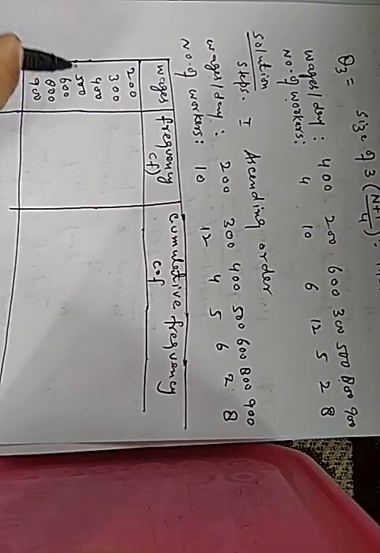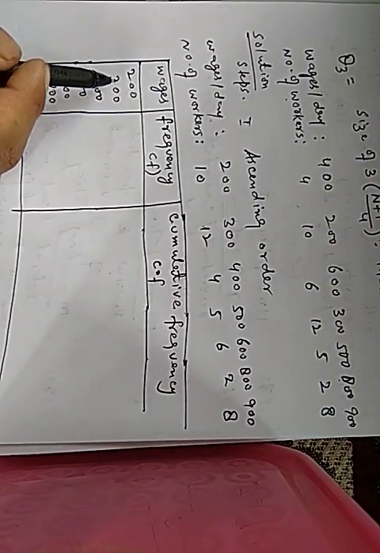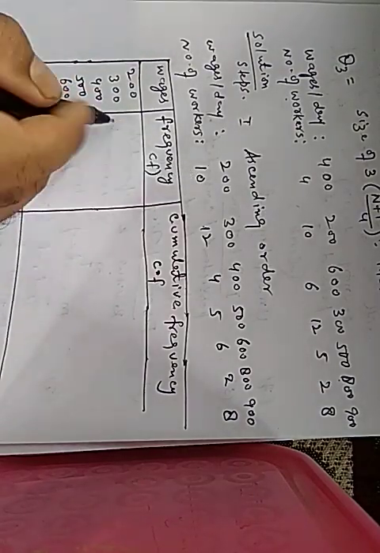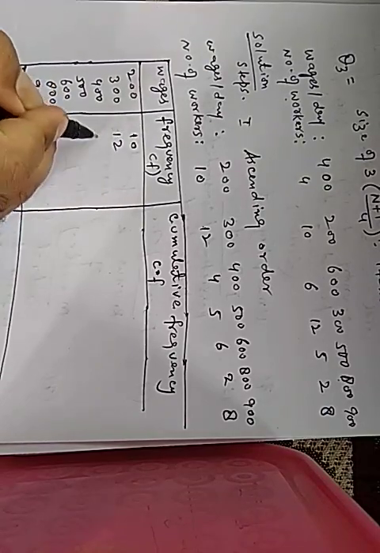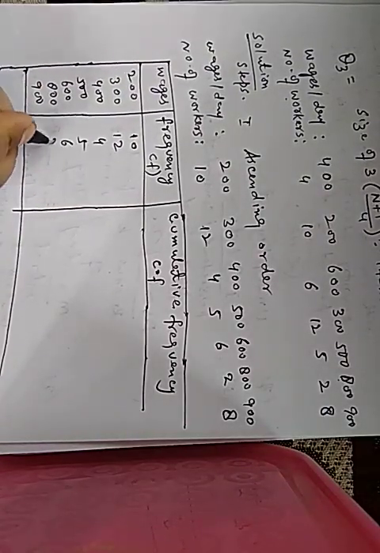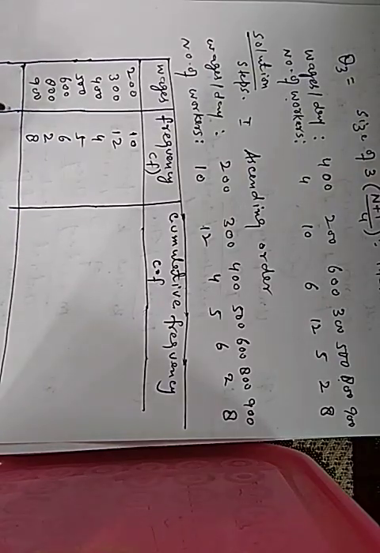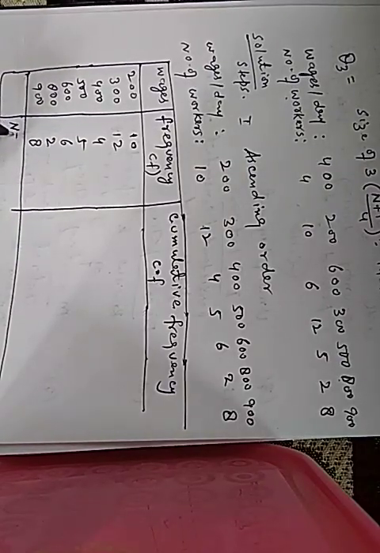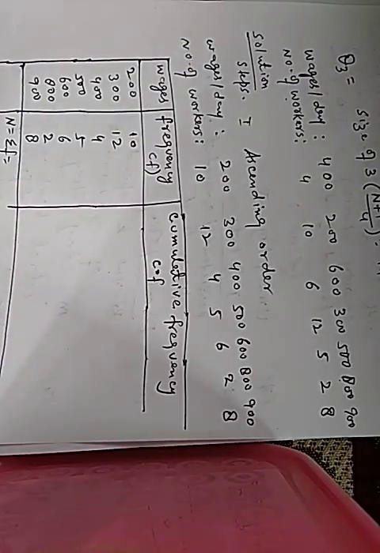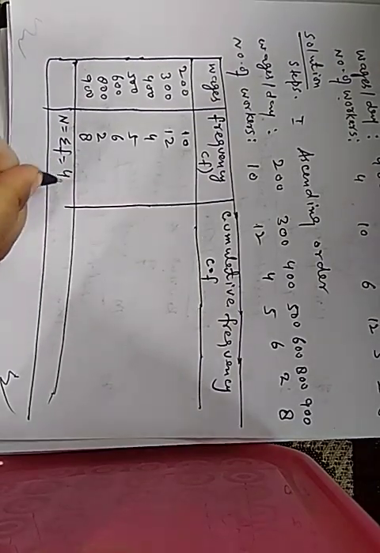And the frequency is given as 10, 12, 4, 5, 6, 2, 8. N, which is equal to sigma F, will be equal to 47.